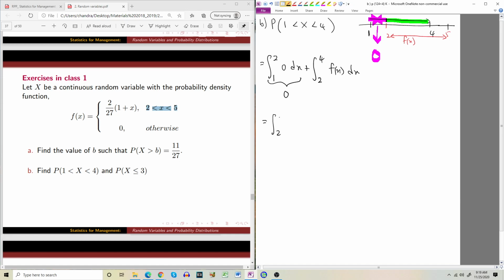You only have to evaluate 2 to 4, f(x) is 1 and our f(x) is given. If you do this, your answer is 216/27. Okay, I suppose you guys know how to do this integration. We have done many.